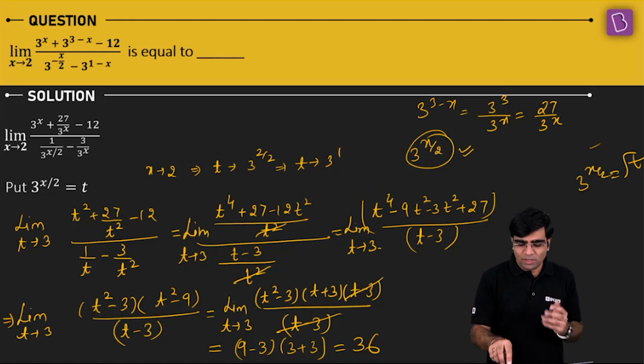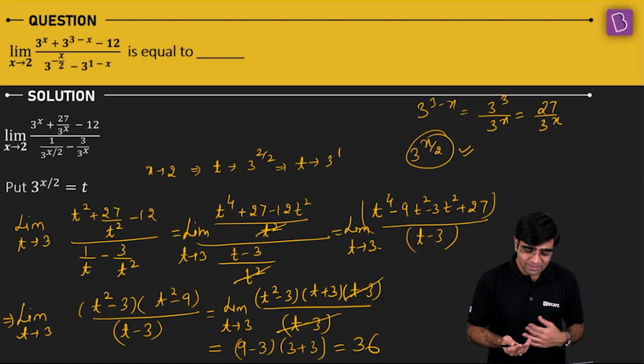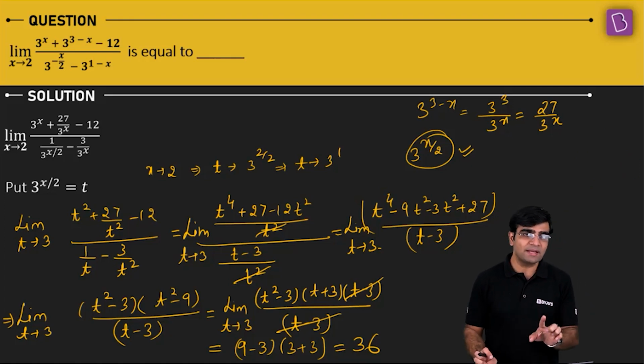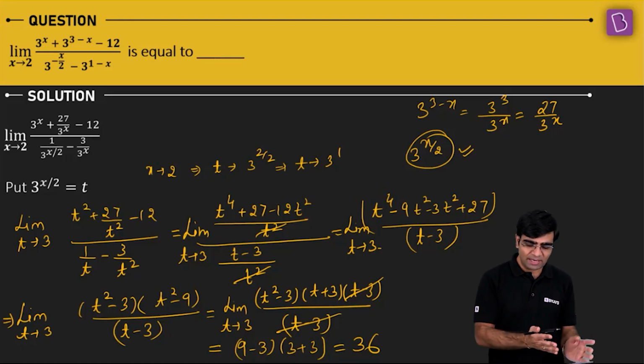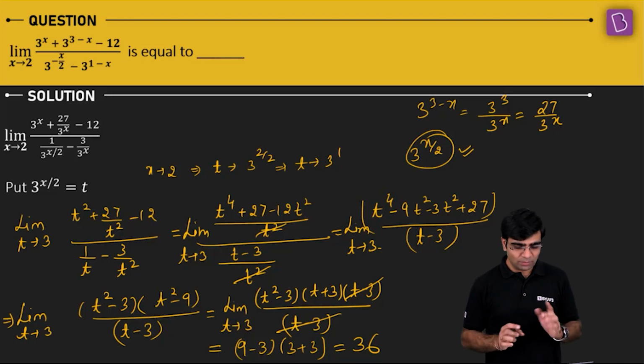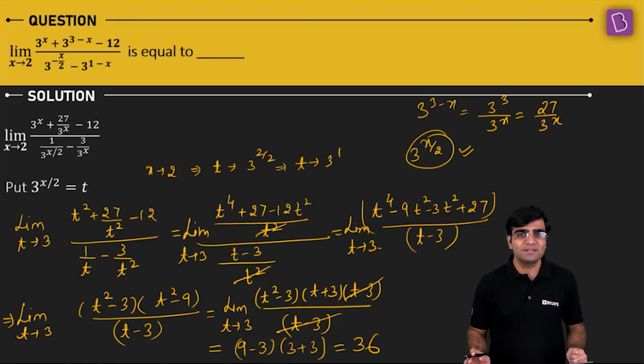When it is unavoidable, you have to, but otherwise, you should not invite troubles from your side, right? So try to keep 3 raised to x by 2 as t, not 3 raised to x as t, right? It will expedite your solution and definitely give you a quick and correct answer. So my answer to this question becomes equal to what? 36. Understood?